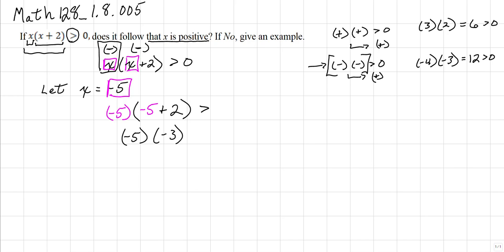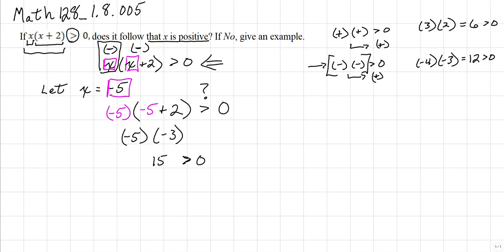I'm assuming that this is going to be greater than 0 because that's what my initial supposition, or my initial inequality, is stating. And negative 5 times negative 3 is 15, which in fact is greater than 0.